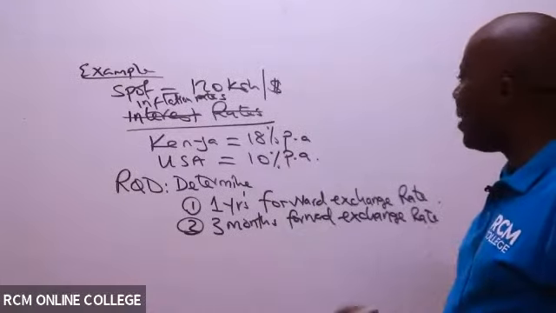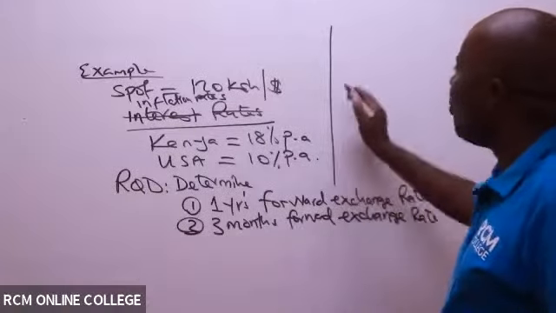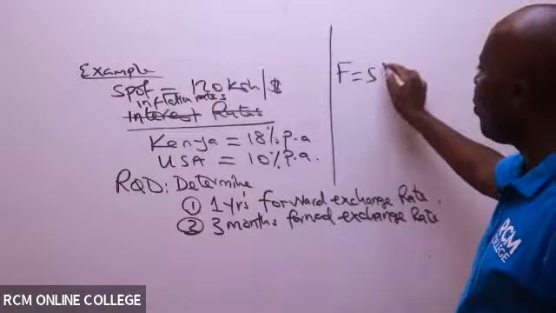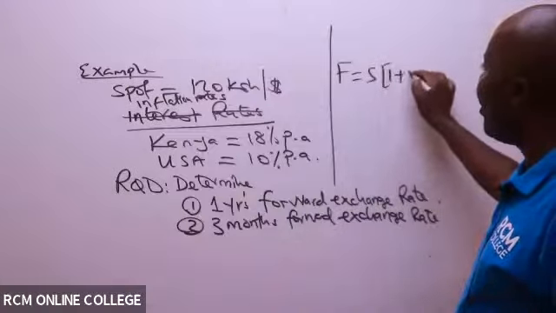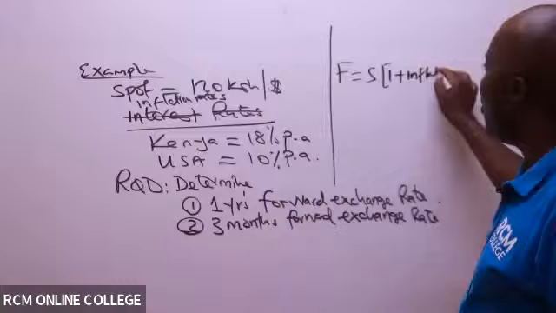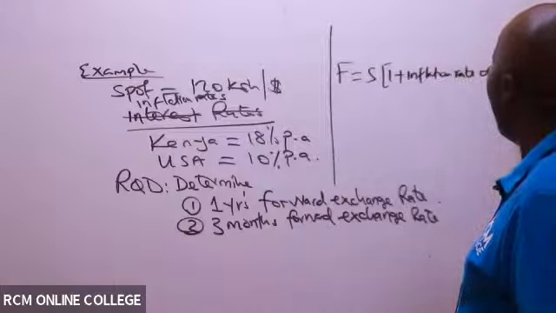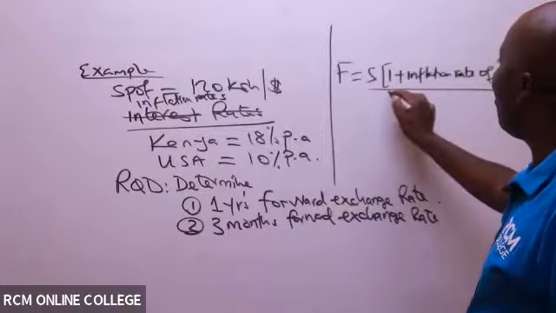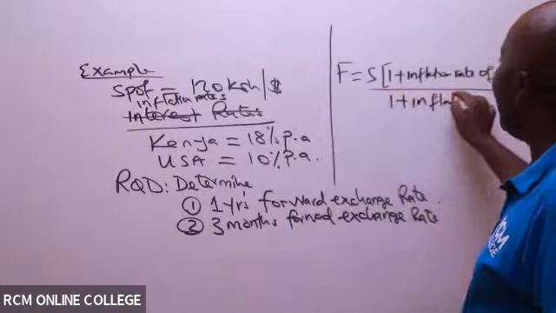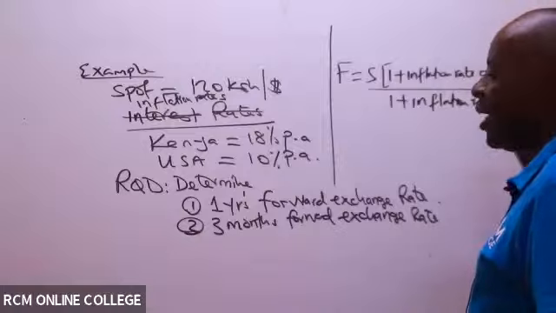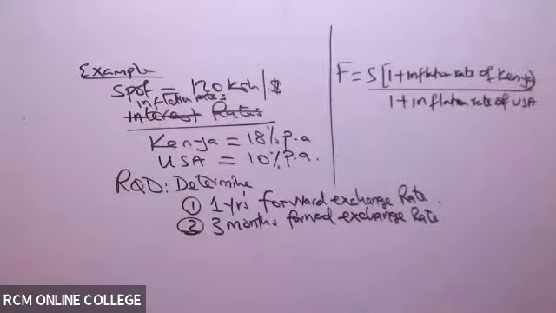As I write my formula for prediction, I know the forward will be equal to the spot into 1 plus inflation rate of Kenya, all over 1 plus inflation rate of USA.